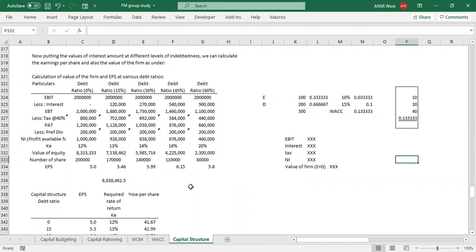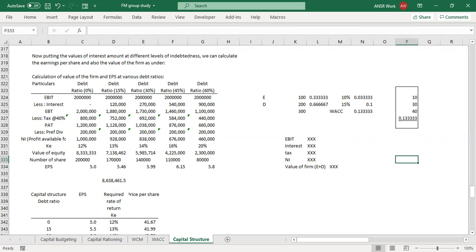The value of the firm you can simply calculate by thinking this. Now that you don't have debt, your value of equity must be equal to value of the firm, isn't it? Now calculate the value of equity for the time being.